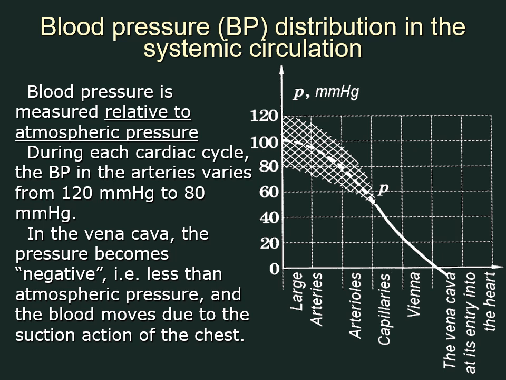Today, for example, our atmospheric pressure is 710 millimeters of mercury. Therefore, this is our starting point. And the blood pressure that we will discuss is actually the pressure that exceeds the pressure of the atmosphere at the moment.